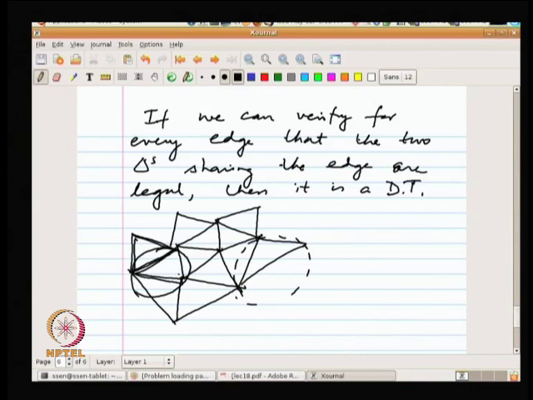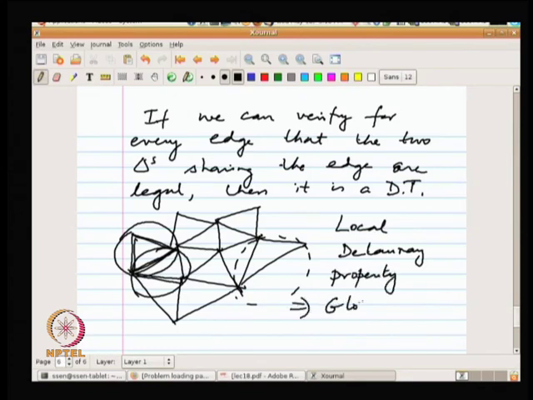If this circumcircle does not contain this point and this circumcircle does not contain the point, and this holds for every such pair of triangles, then it is a Delaunay triangulation. In other words, this is called a local Delaunay property. So I do not need to check with respect to all other points whether they are contained inside. Local Delaunay property implies the global property. So that is a very nice result.